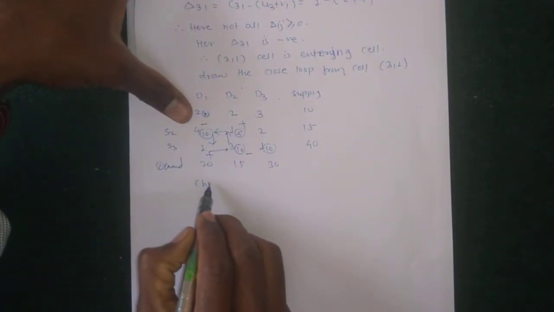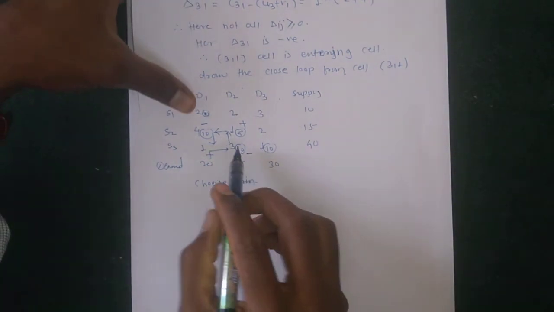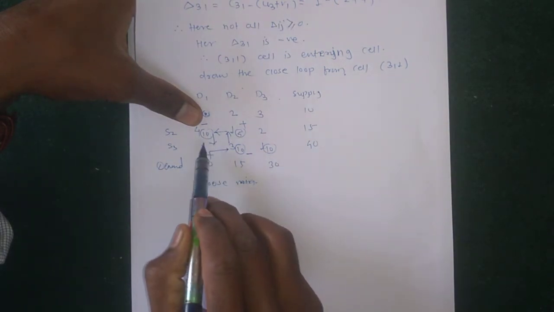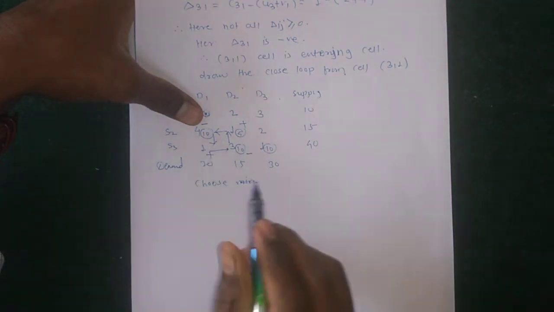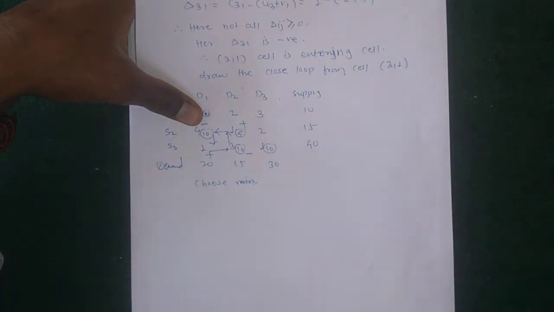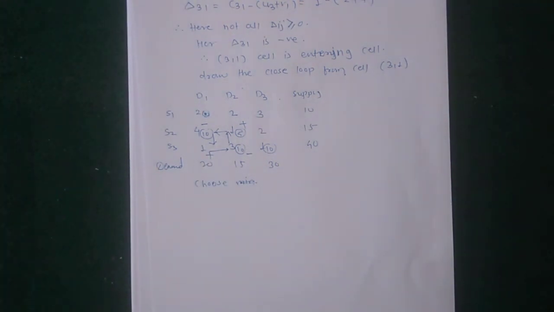Here choose the smallest allocation from the cells with negative sign. The smallest allocation for negative sign here is 10. So the smallest allocation is 10.